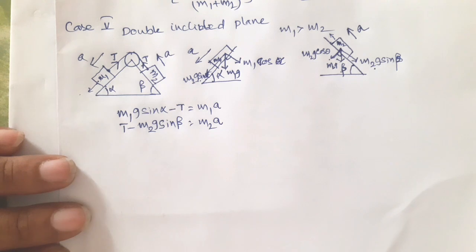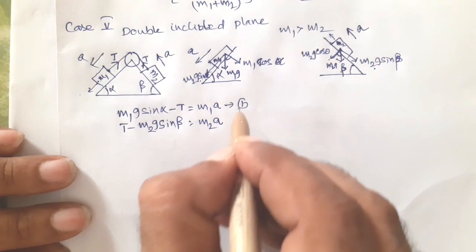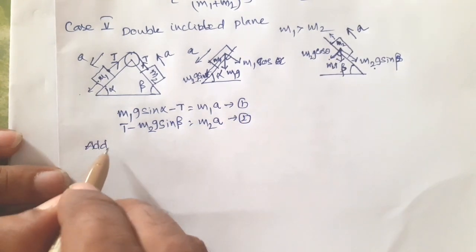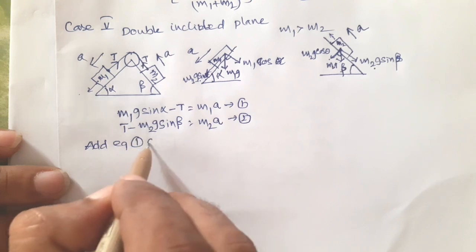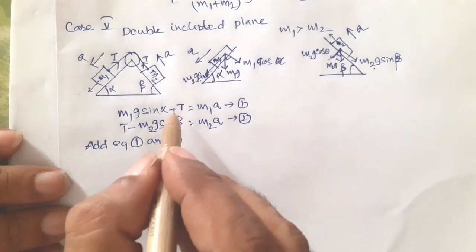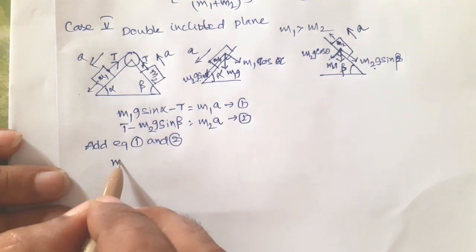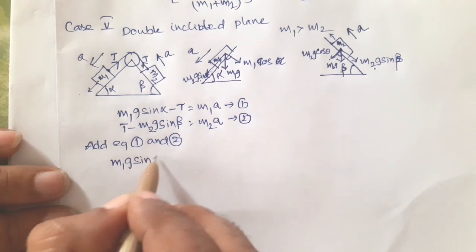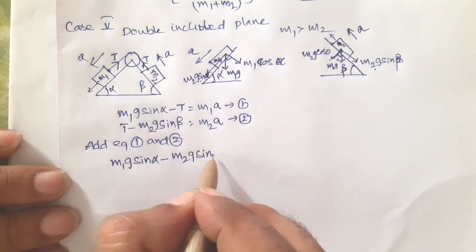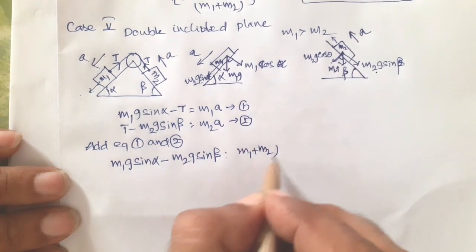We have to now simplify these two equations. For simplification, again we add these two equations. Add equation 1 and 2. If we add, these two get cancelled and the remaining equation is m1g sin alpha minus m2g sin beta is equal to (m1 + m2) into a.